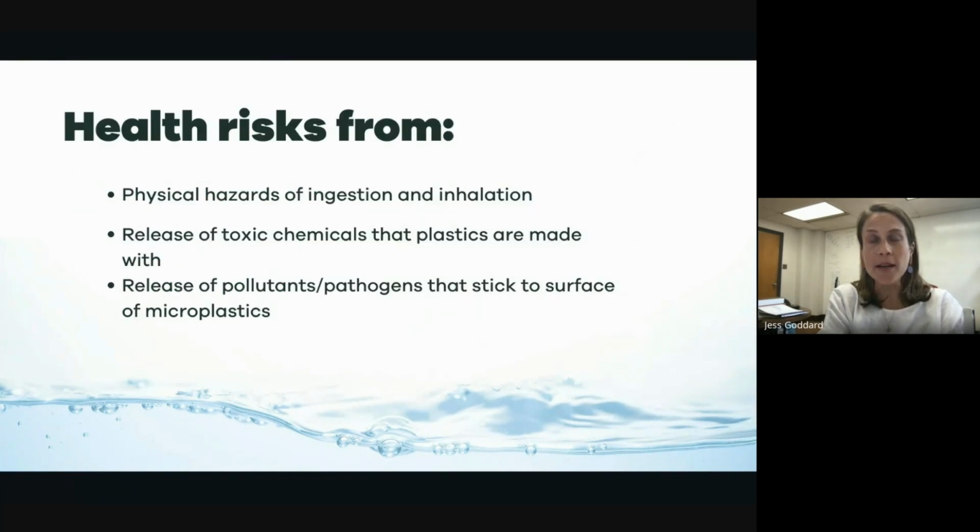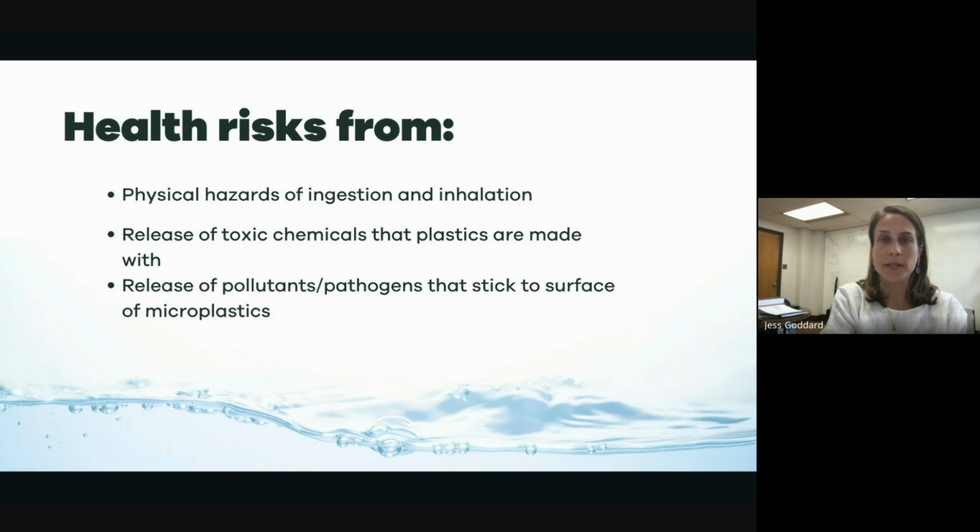The main three pathways that we think microplastics and nanoplastics have an impact on health are risks from, one, the physical hazards of ingesting and inhaling these tiny particles. So effects that occur as a result of the physical object itself accumulating in an organ or transferring into a placenta, for example. And the other two pathways are a little bit different.